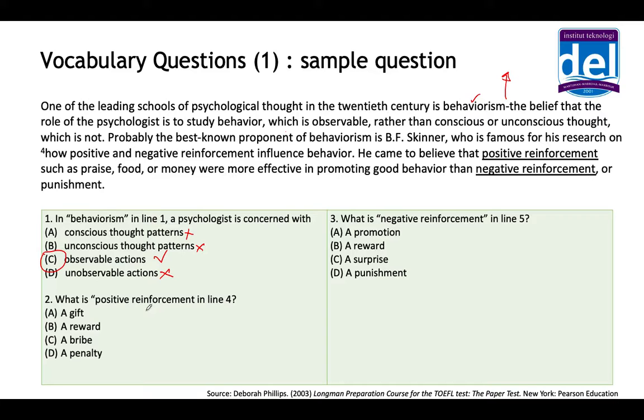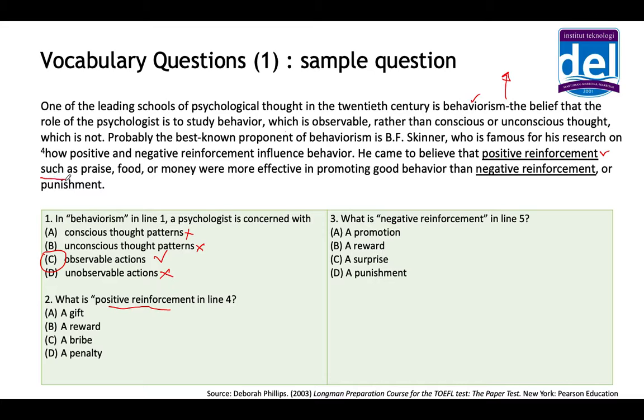What is positive reinforcement in line 4? Line 4 is indicated here, and then we look at the word positive reinforcement, and it says here. So let's try to look for structural clues that are used here. After positive reinforcement, it uses the words such as.